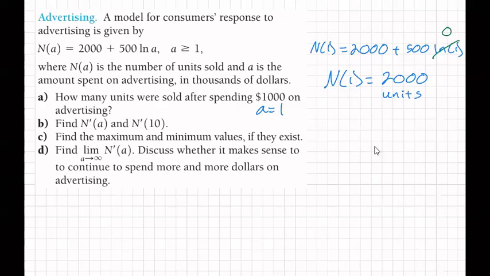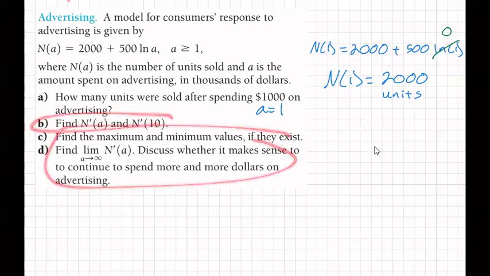Now, the next thing they want us to look at is the rate of change for the number of units sold per $1,000 spent on advertising. How do I know that's what they're talking about? Well, they want me to find the derivative of this now. We only have a couple minutes left, so I'm going to focus on this one, and we'll pick up on the other one later.